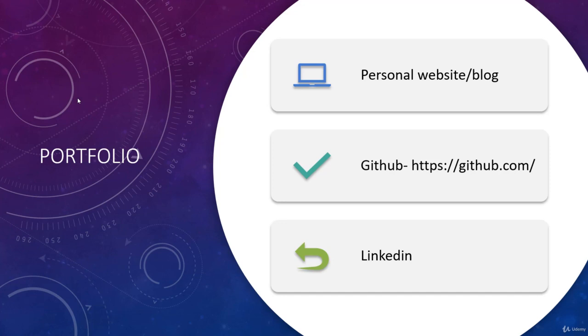But for the laterals, the experienced professionals, it's very important to show a portfolio. For both freshers as well as experienced professionals, having a good portfolio is very important. For freshers it's slightly less, but I highly recommend building a portfolio from the start.